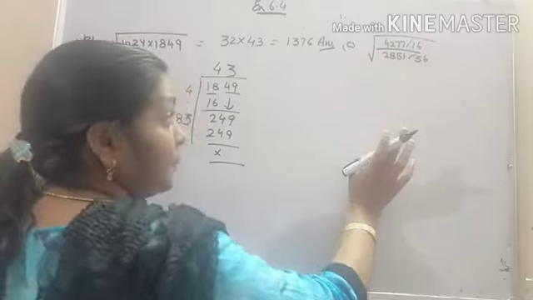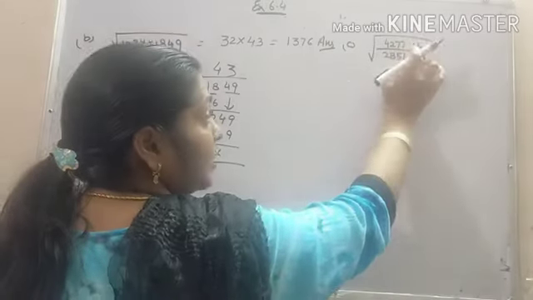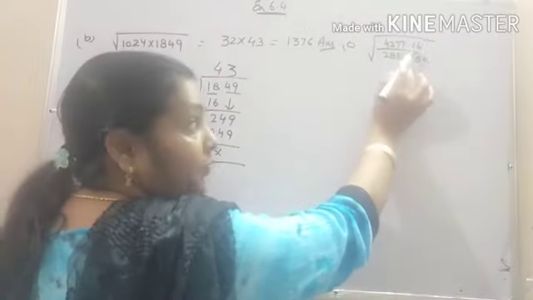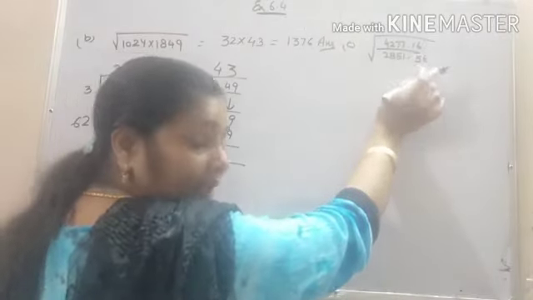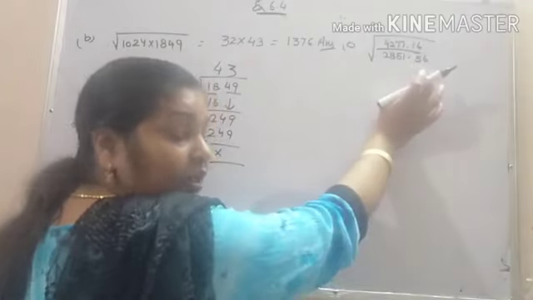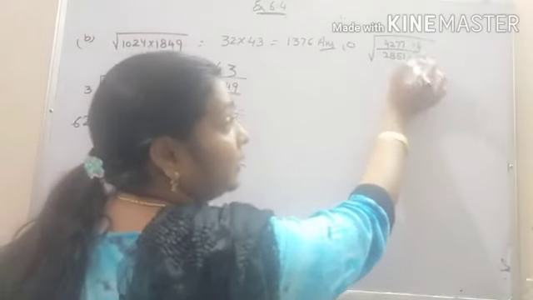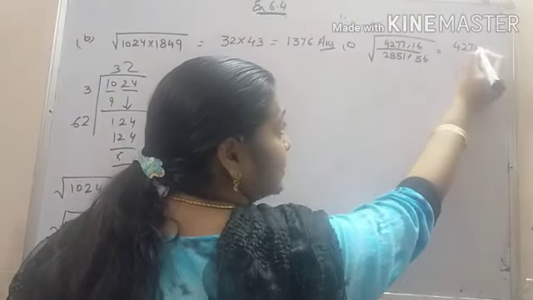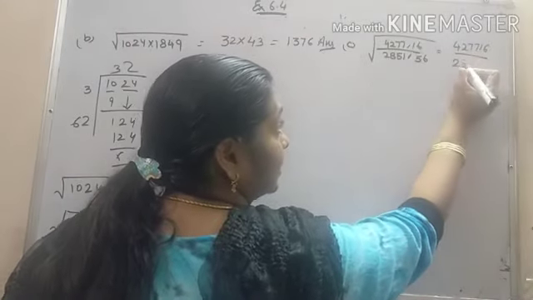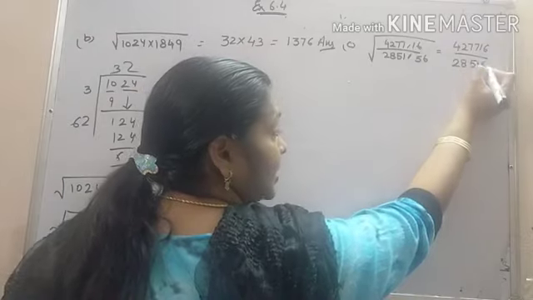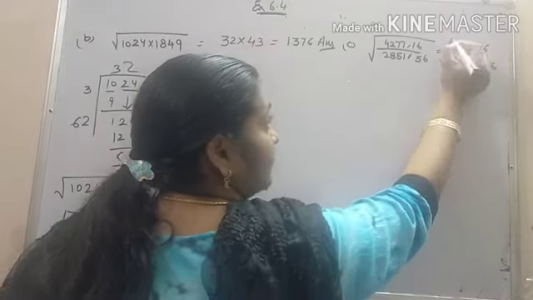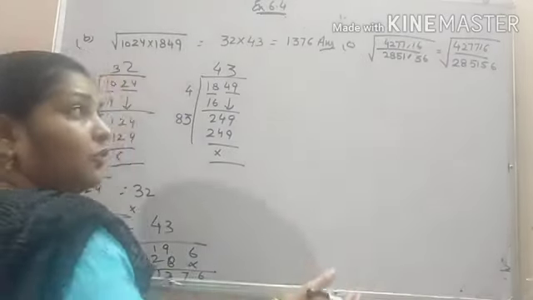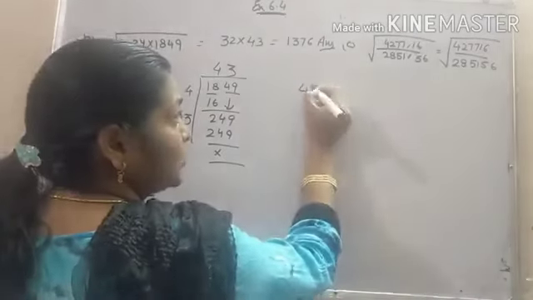Once again I am repeating, if the number of digits after the decimal are same in numerator as well as denominator, then the decimal gets cancelled. So you can write these terms like this, that is without decimal. Now what is the next step? Find the root of these two numbers.